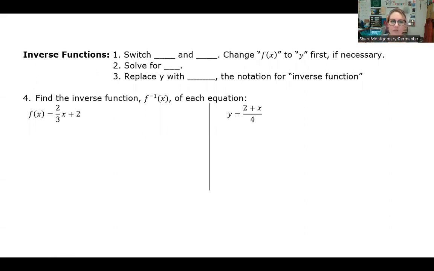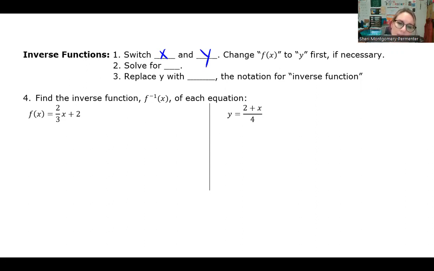On to the back, inverse functions. How do we find inverse functions? To find inverse functions, so if you have to do a graph, we just switch x and y. If you have a function, it's the same. You switch x and y. So at the very least, to make an inverse graph or inverse function from an equation, you should be able to switch x and y.